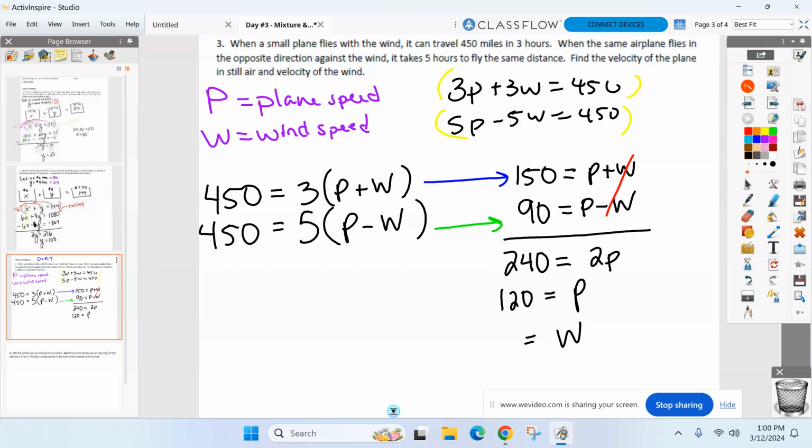So if I plug in 120 anywhere there's a P, we should have a wind speed of what here? 30. Yep. Any other questions there? We got one more.